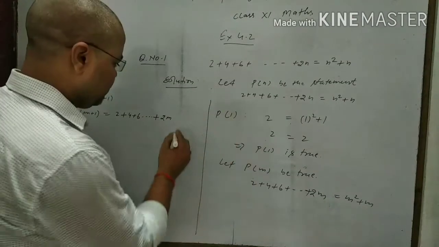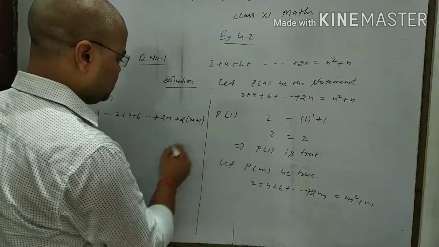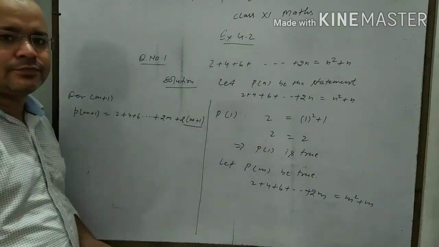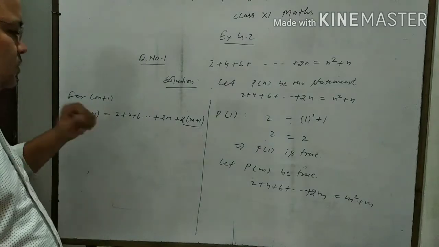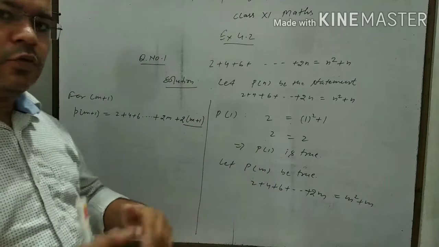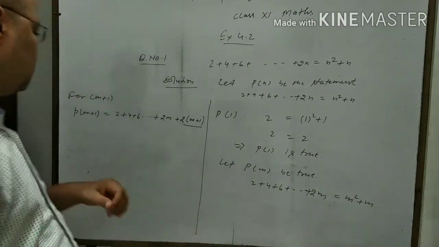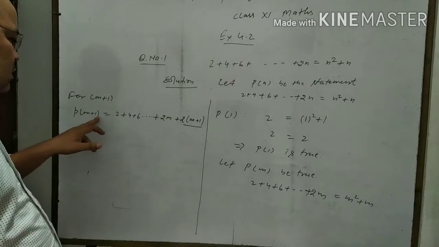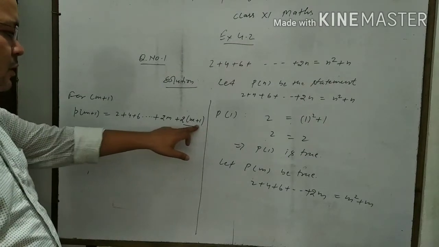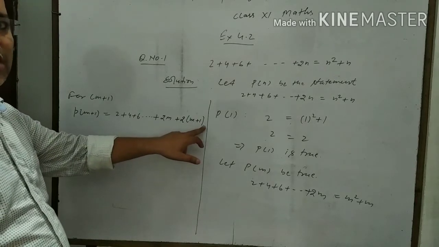Then the next will be 2 into m plus 1. This is the extra. Why? Because here this is Pm and we add one more term, that is m plus 1. So for Pm plus 1 we add one more term, just like at the place of m we put m plus 1.